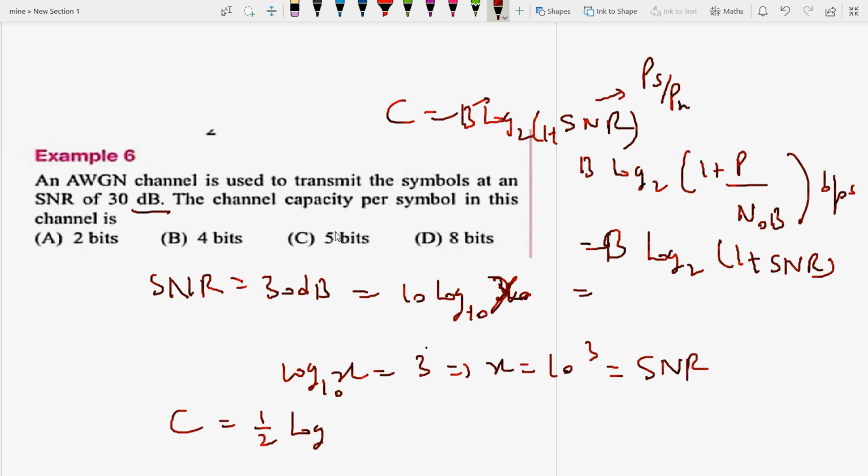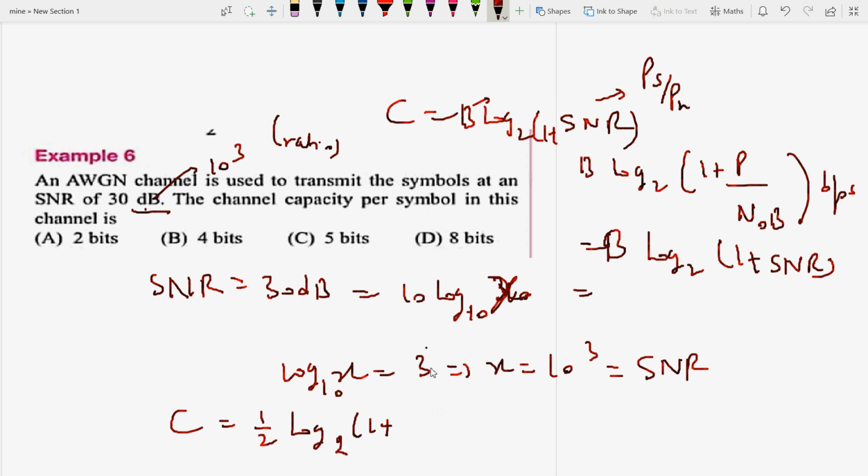Again if I read the question once more, an AWGN channel transmits the symbols at an SNR of 30 dB, which is 10 cube in ratio, and the channel capacity per symbol, I will do it as half log base 2 of 1 plus SNR.